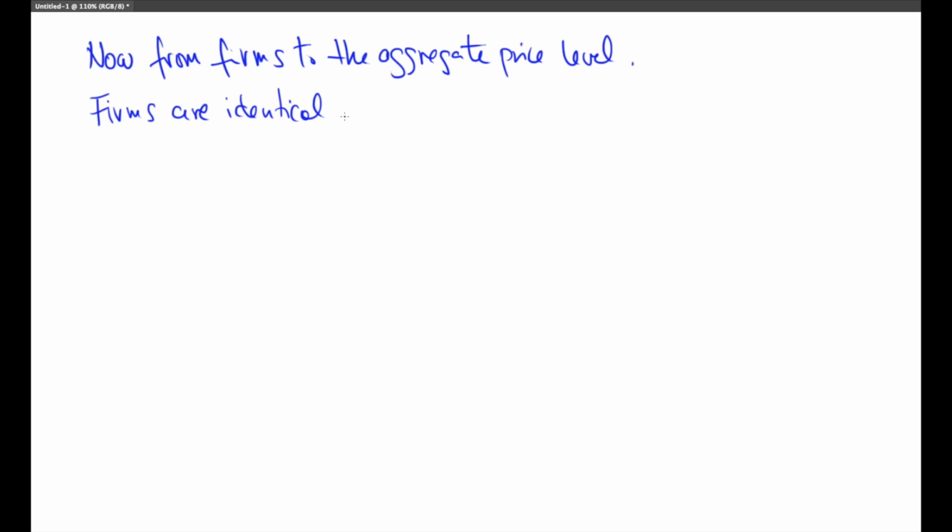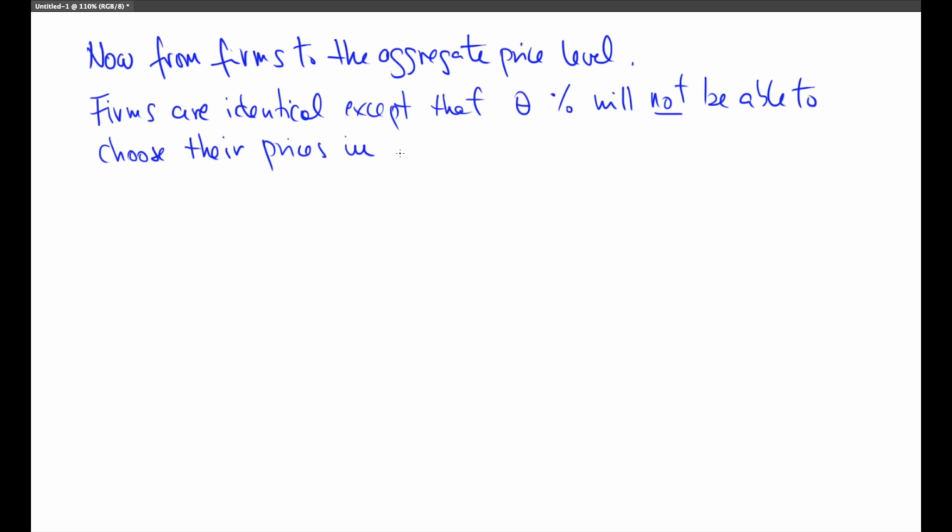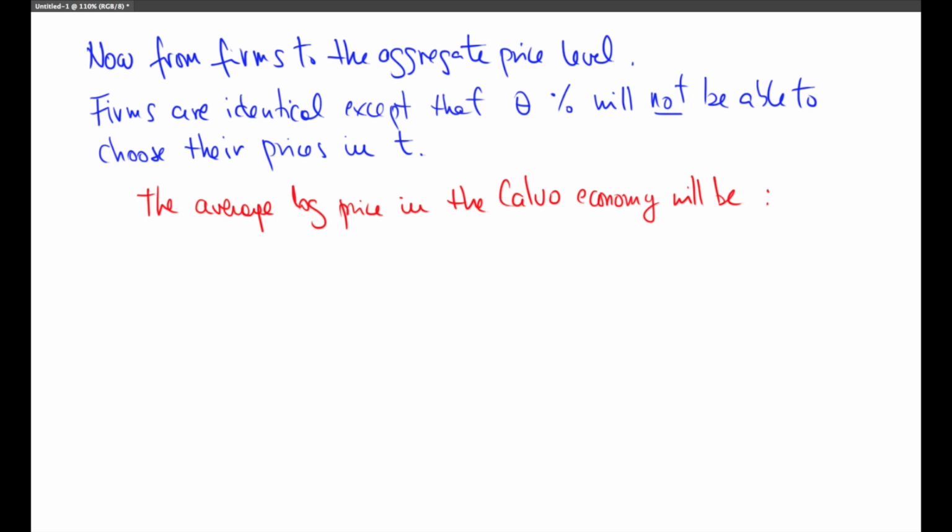Now let's move to the aggregate price level. We know that firms are equal, I mean identical. So in that respect, we know that a fraction theta of firms are not able to choose or change prices in period t.